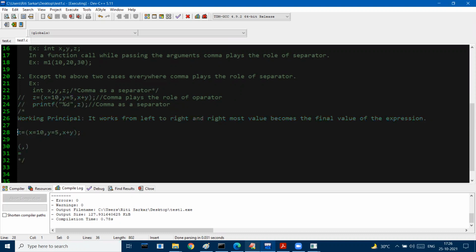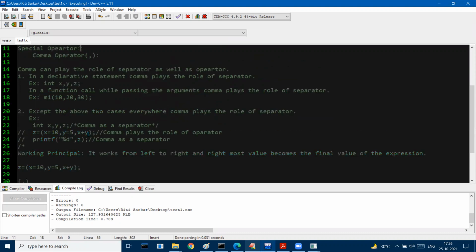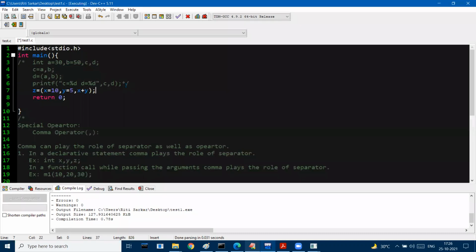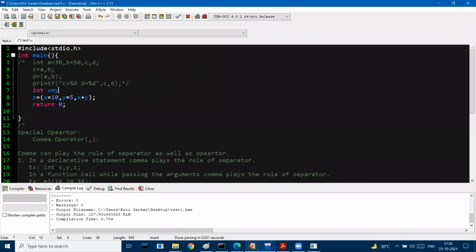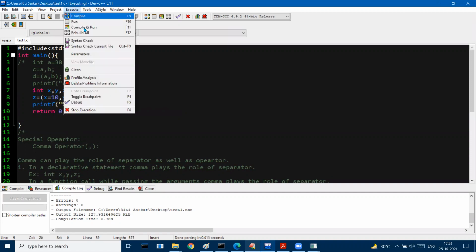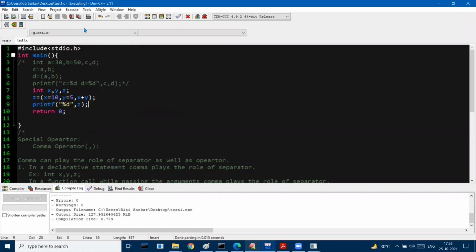Now let me copy this. I'm commenting this question. Let me declare 3 variables, int x, y, z. Let me print the value of z. So as per our discussion, what should be the value of z? 15. Execute, compile and run.